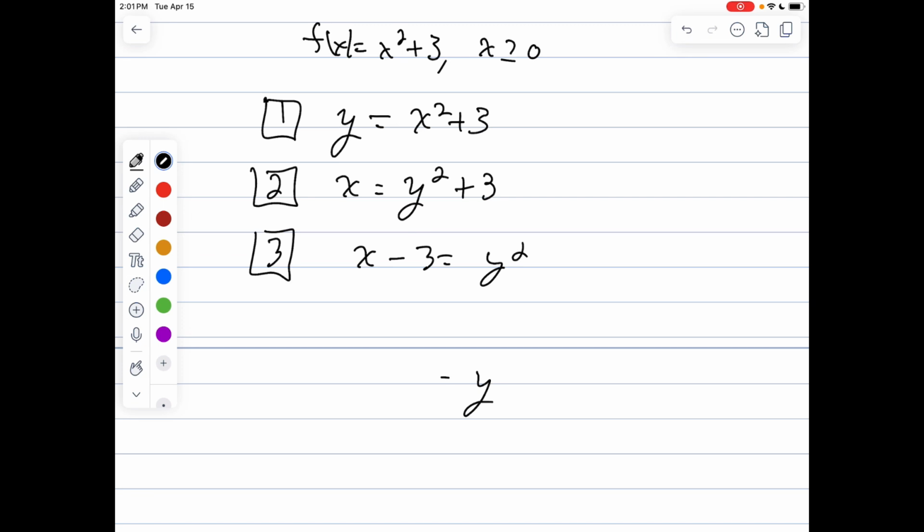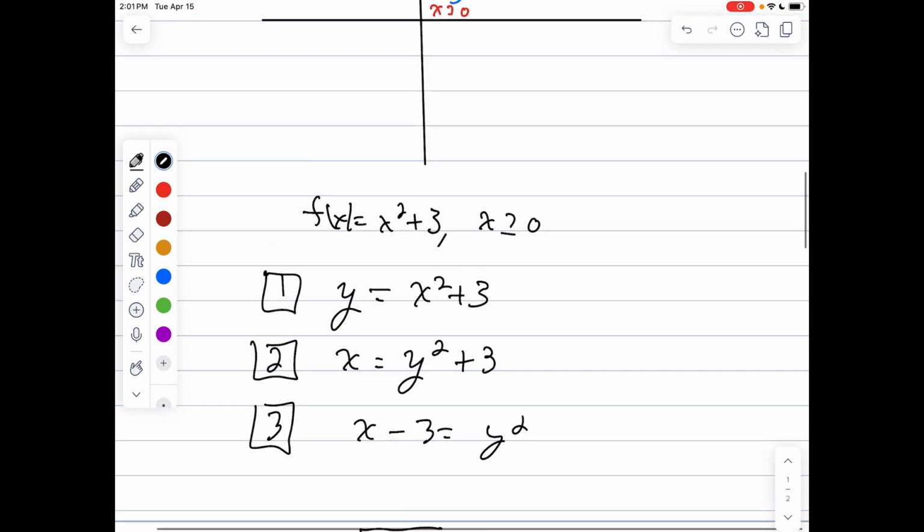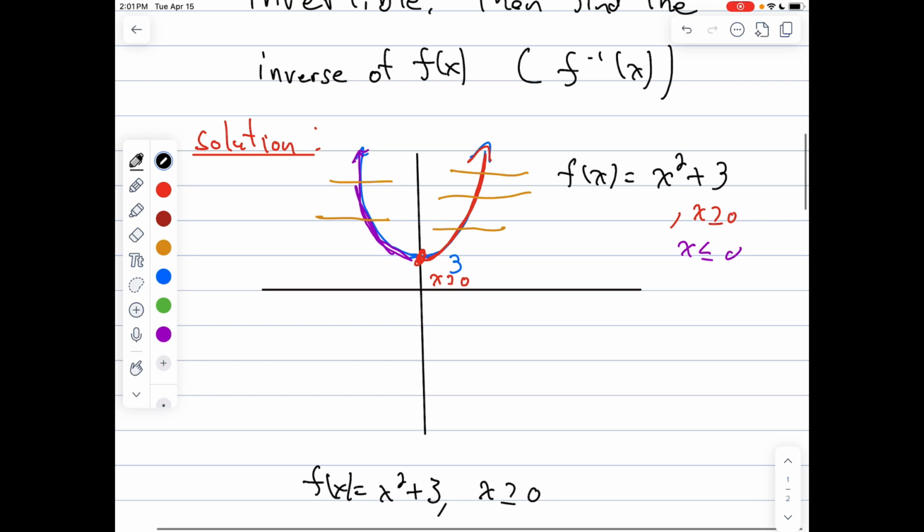And I'm going to take the square root of both sides. So y is plus or minus root x minus 3. Now, only one of these will work for my inverse function. It's not either or. It's actually just the square root of x minus 3. And why is that? Because when you restricted the domain, you said x was greater than or equal to 0. Or in other words, the x's were positive.